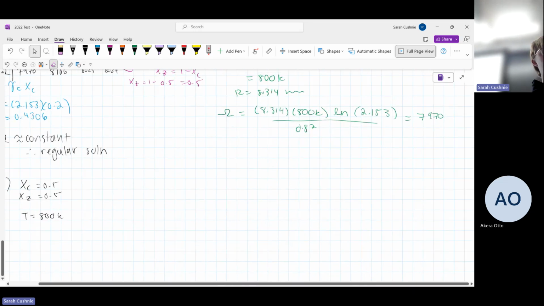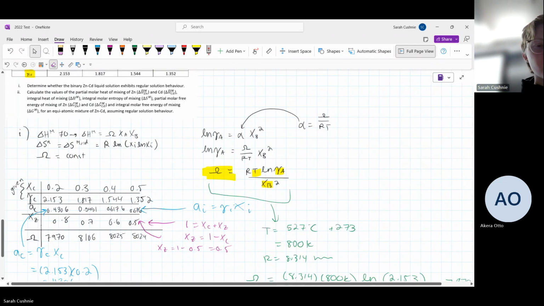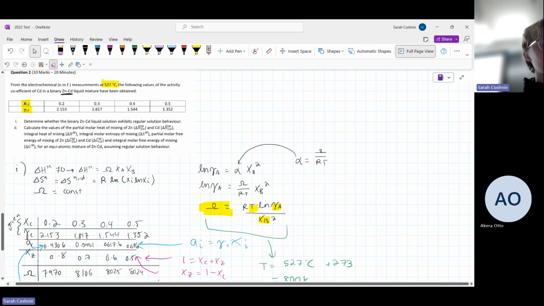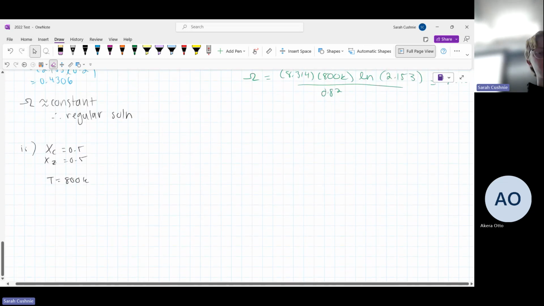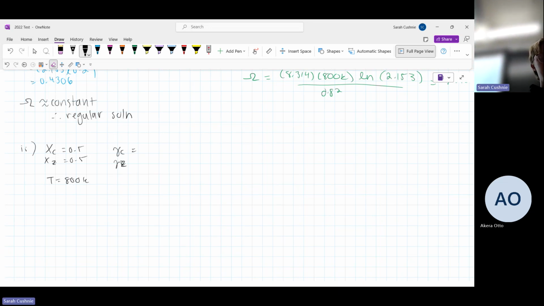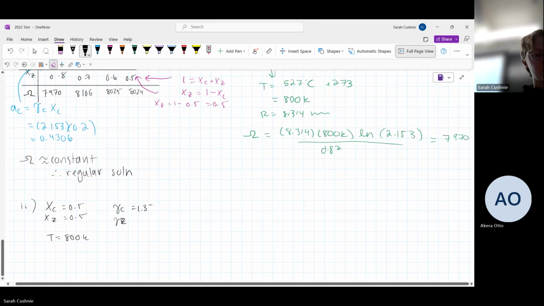Now we can go back to a little bit of the information that we calculated in the previous step. So we know that gamma C is equal to 1.352.